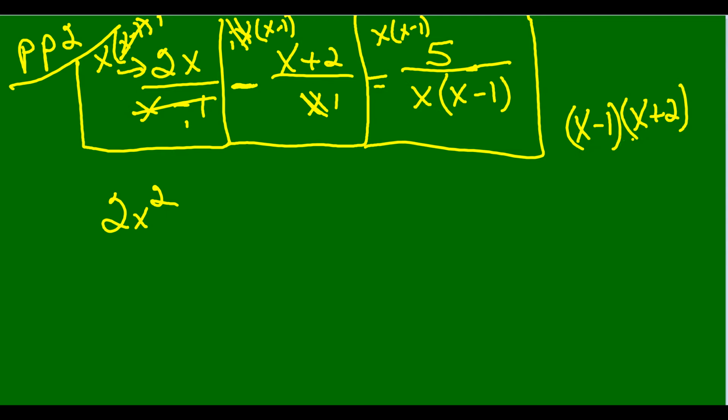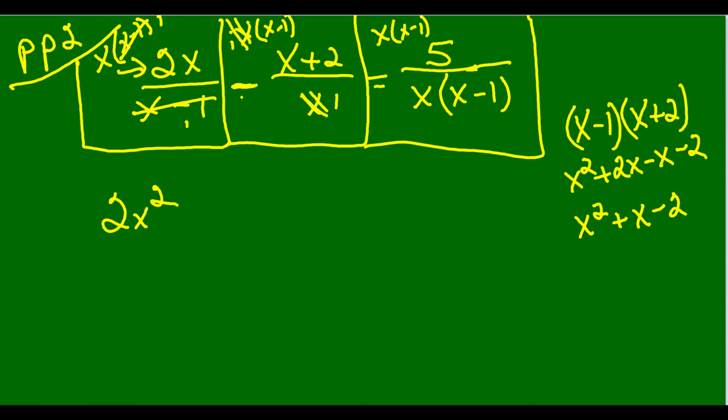All right, so nevertheless, I've got x squared plus 2x minus 1x minus 2. And that's going to give me x squared plus x minus 2.